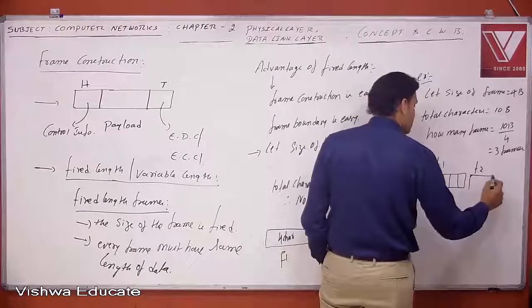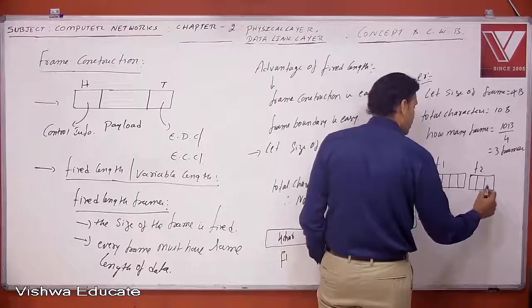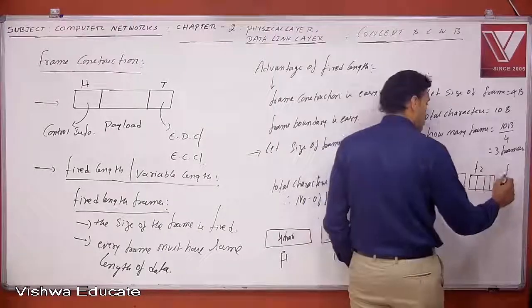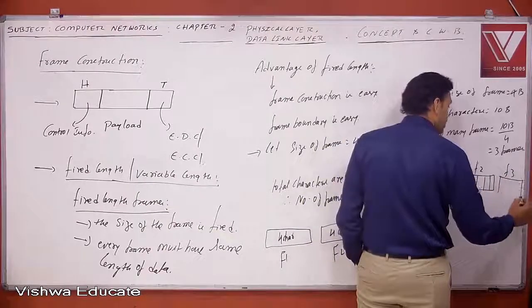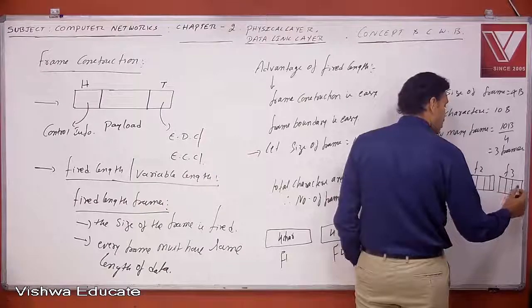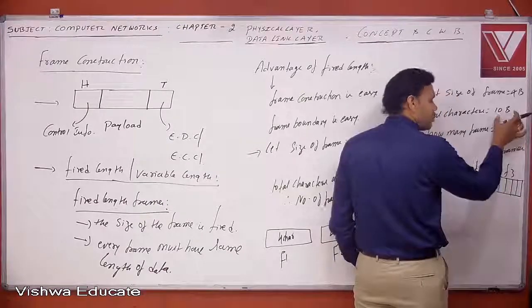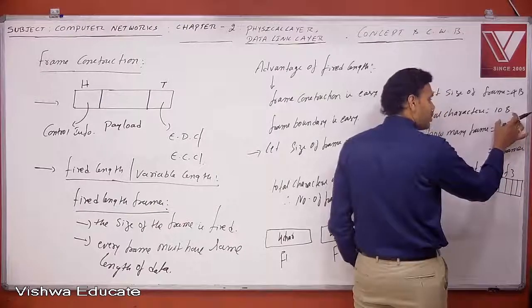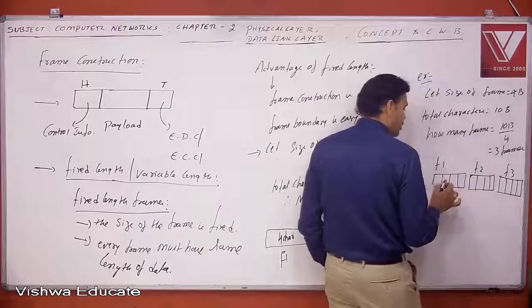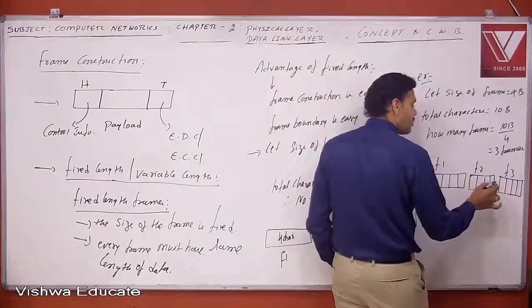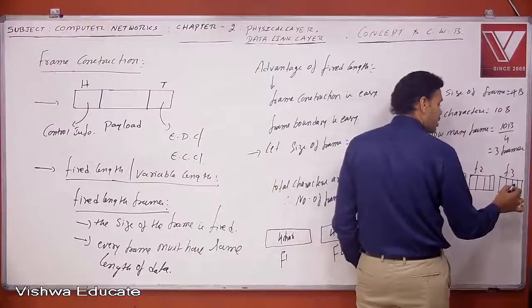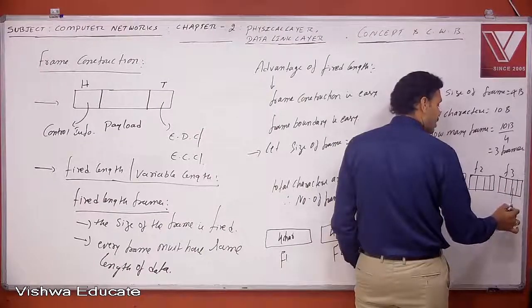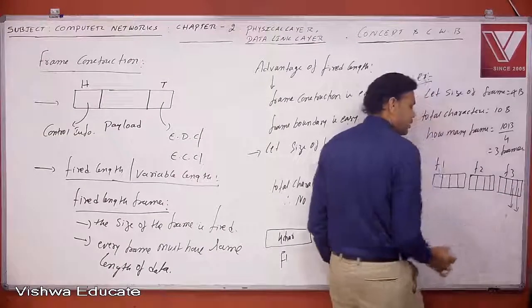Frame 2 consists of 4 characters. But how many characters does frame 3 have? Your number of characters is only 10: 1, 2, 3, 4, 5, 6, 7, 8, 9, 10. The remaining positions are empty.